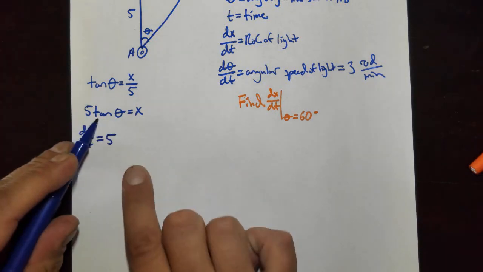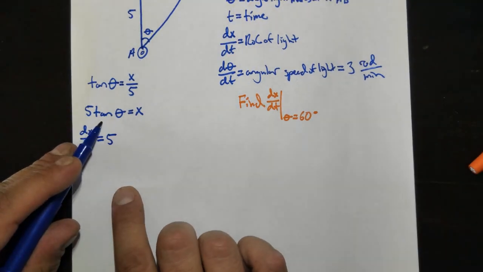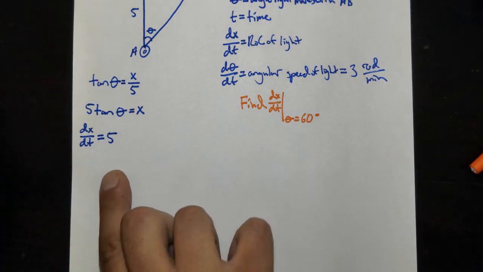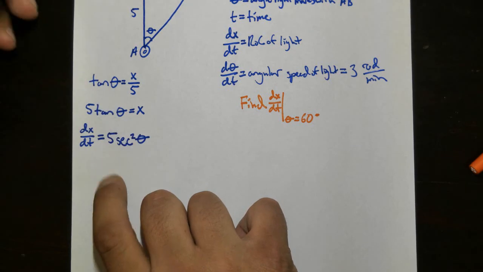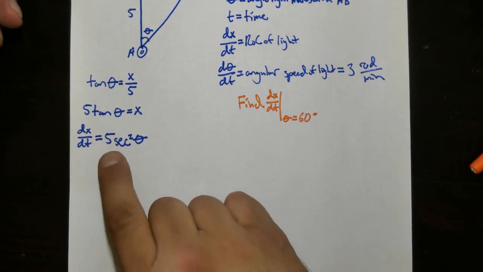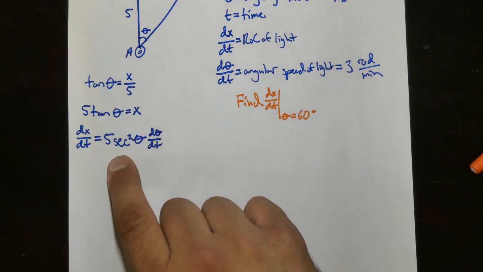And if you recall, we learned this, I believe, before break: the derivative of tangent is secant squared theta. Remember, secant is just 1 over cosine. So secant squared theta, then we have d theta/dt.